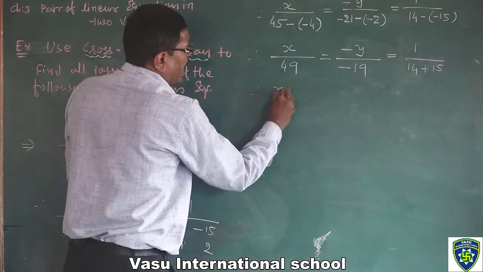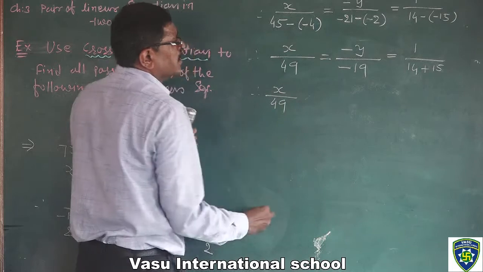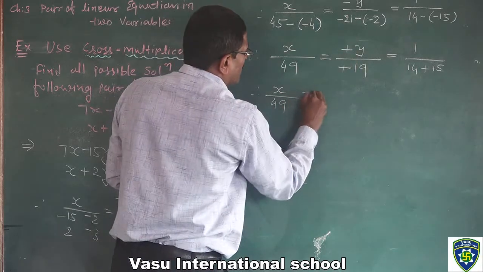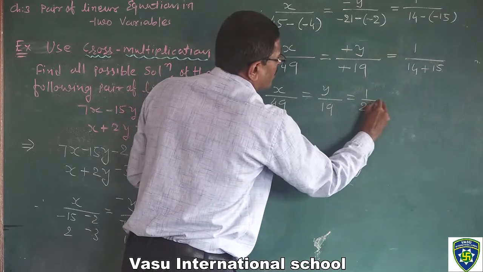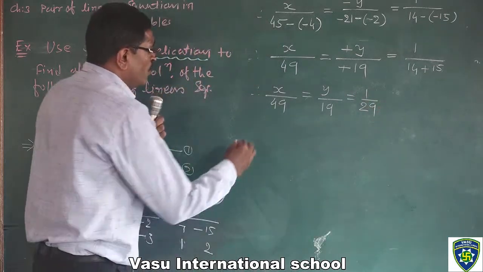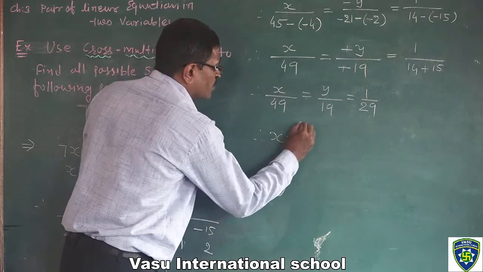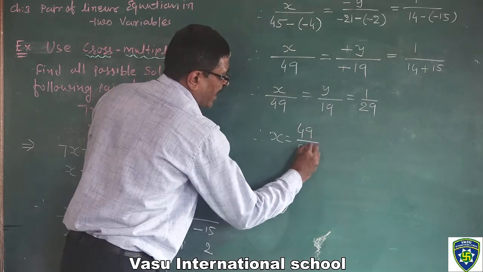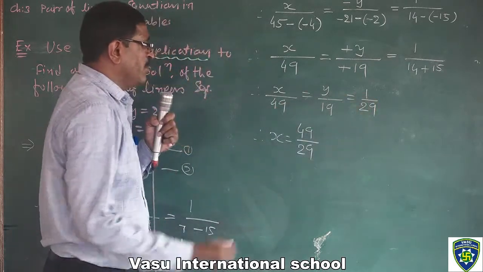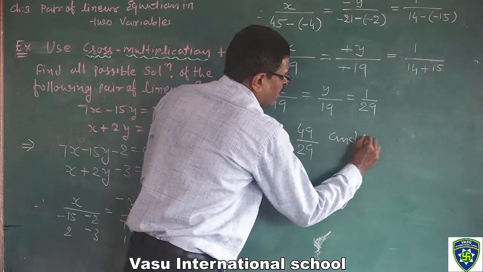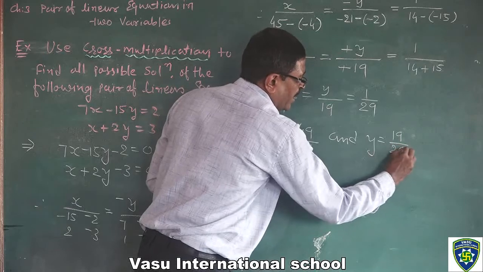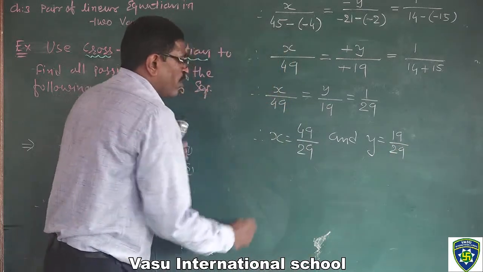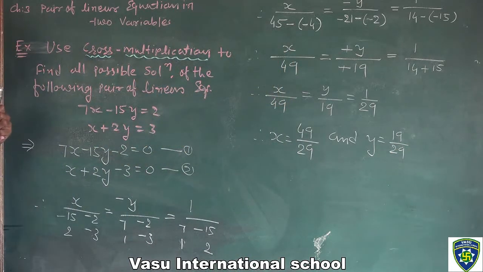So x upon 49, minus minus cancel, is equal to y upon 19, is equal to 1 upon 29. So the value of x is 49 by 29, and y is 19 upon 29.